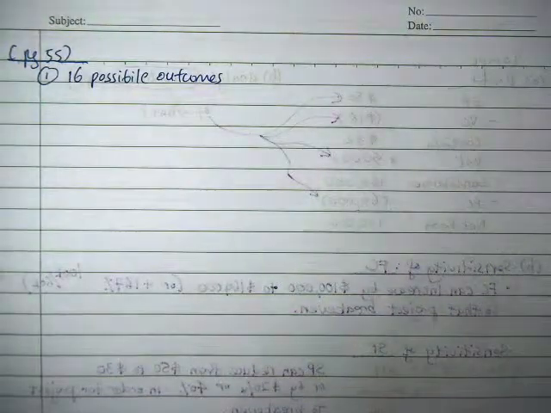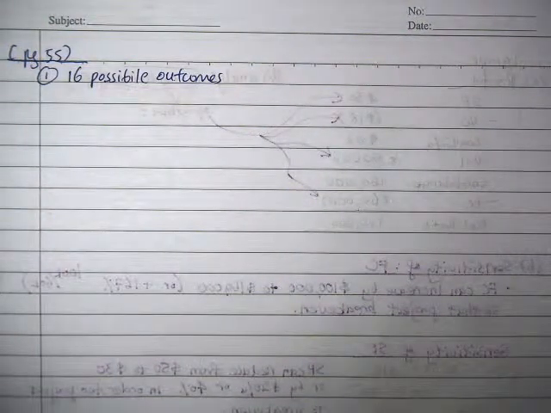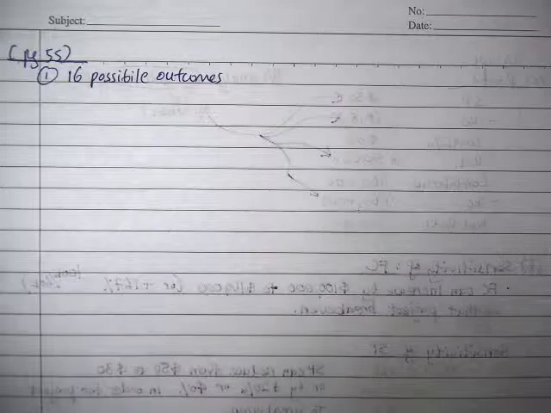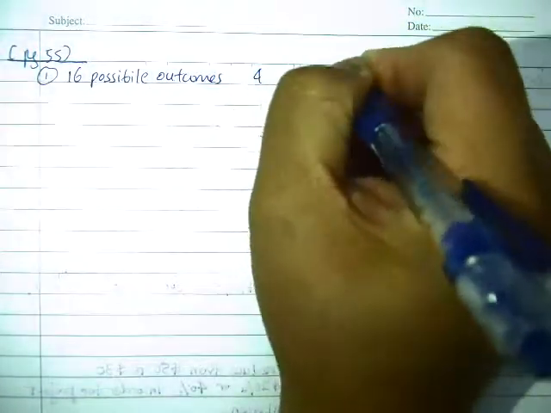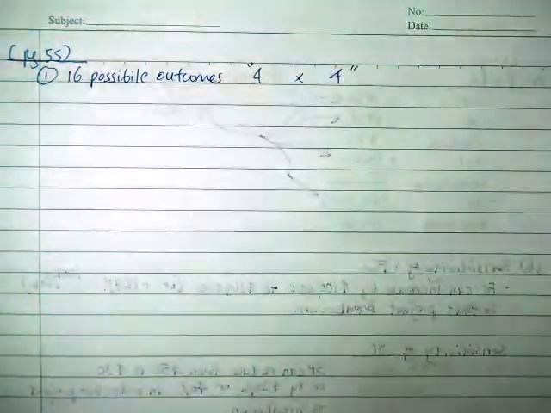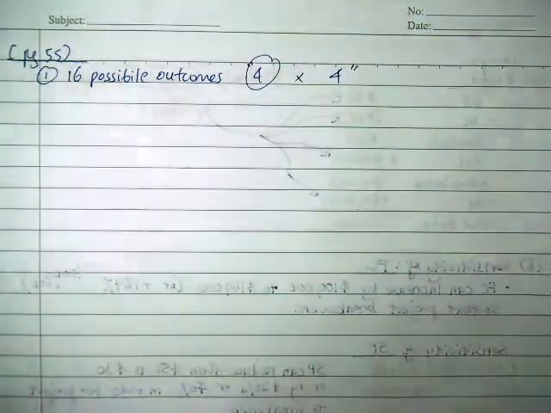Now, we have 16 possible outcomes, okay? But the 16 possible outcomes come from 4 by 4. The first 4 is the ticket.